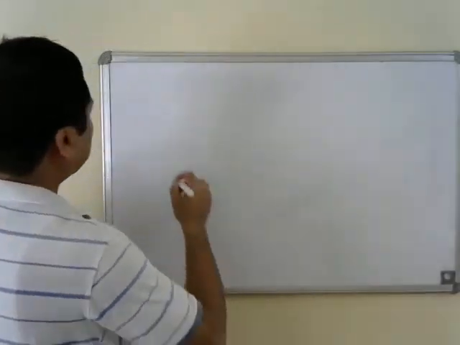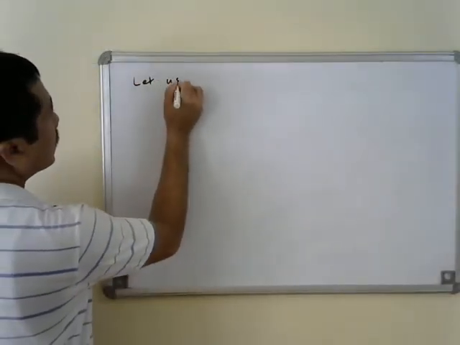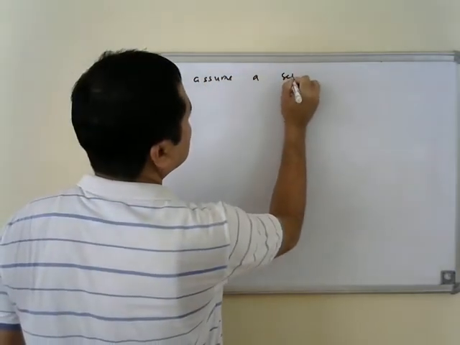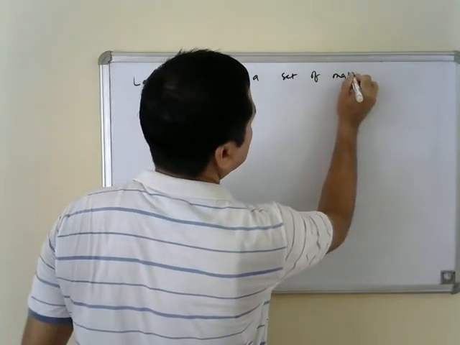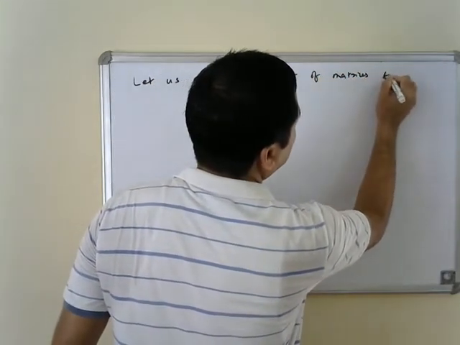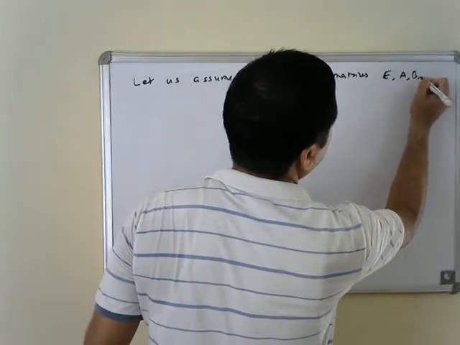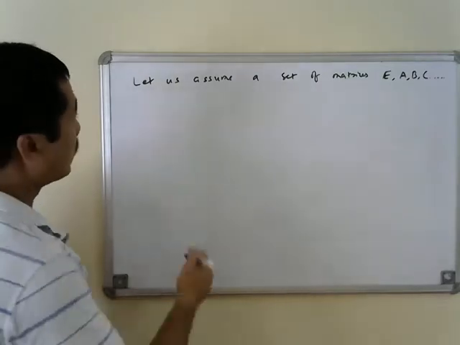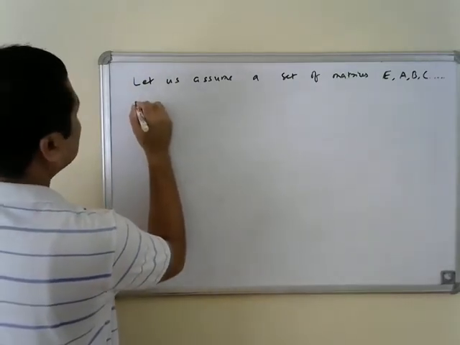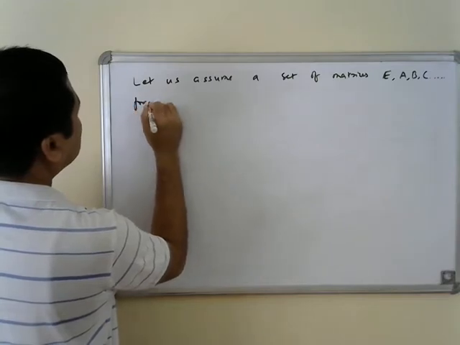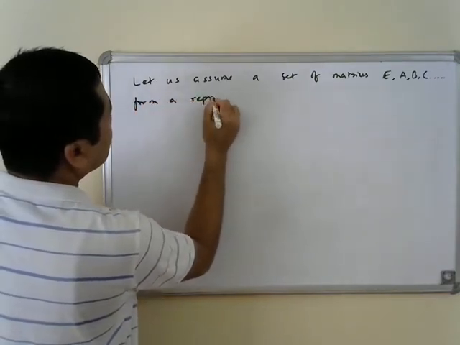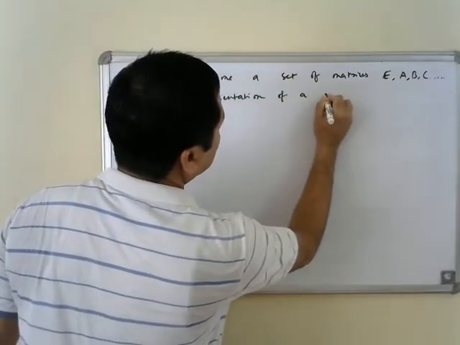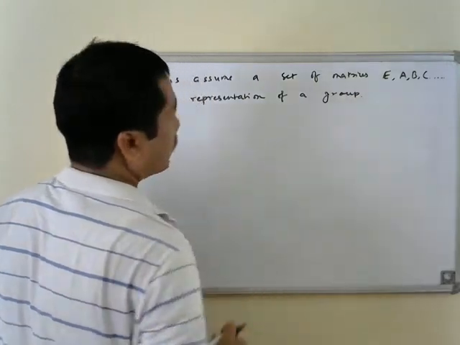Let's assume that a set of matrices, say E, A, B, C, representing different symmetry operations, form a representation of a group.